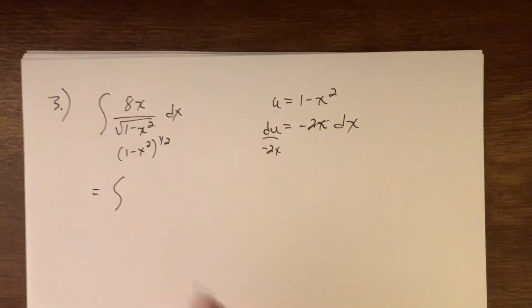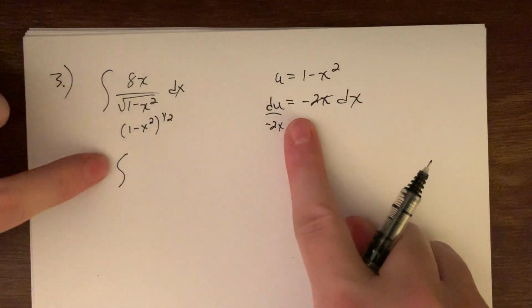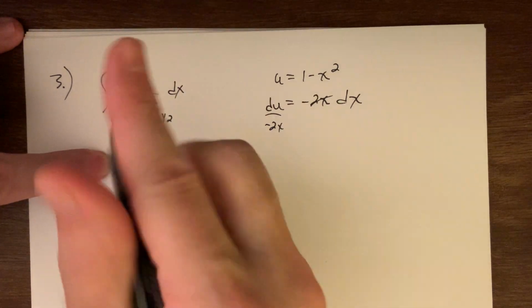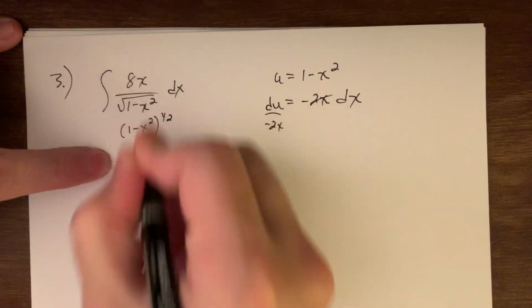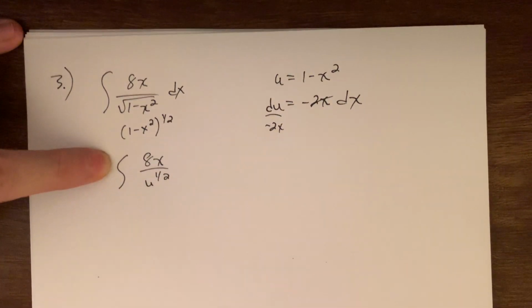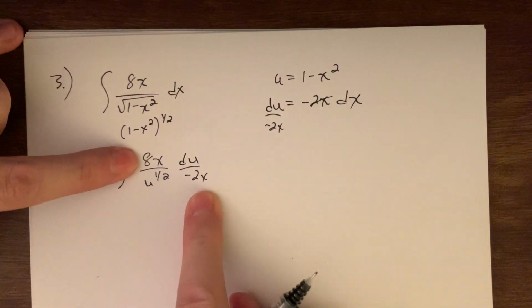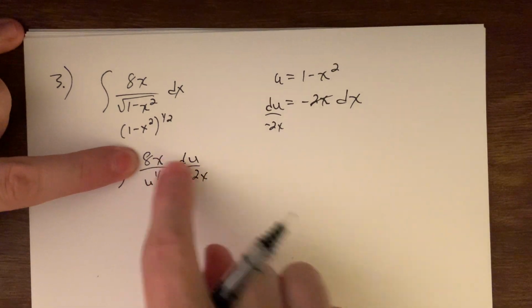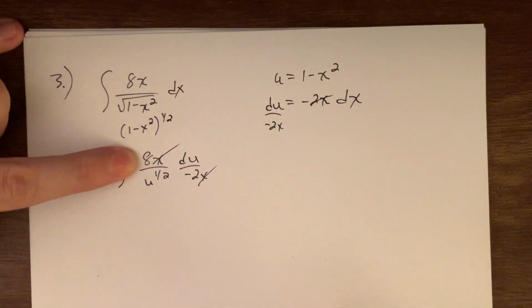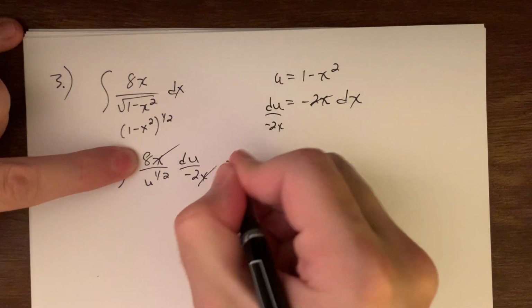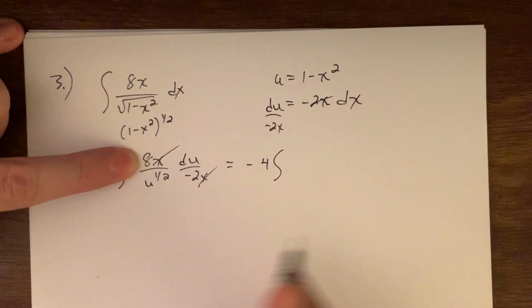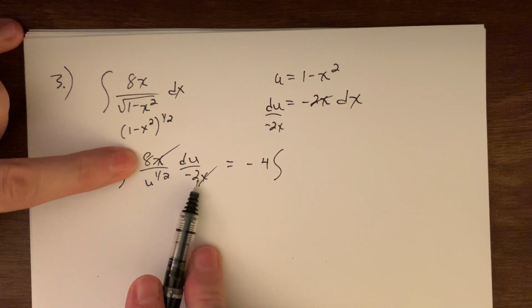But again, for some of us, we still don't get that ultimate confirmation until we plug in. So for the moment, 8x is hanging out. This is now u to the 1/2 power. Dx gets replaced with du over minus 2x. And as we said, it is perfect. The x's cancel. The numbers reduce, but that's just a little bonus. Whether that was a 9 over a negative 2, no big deal.